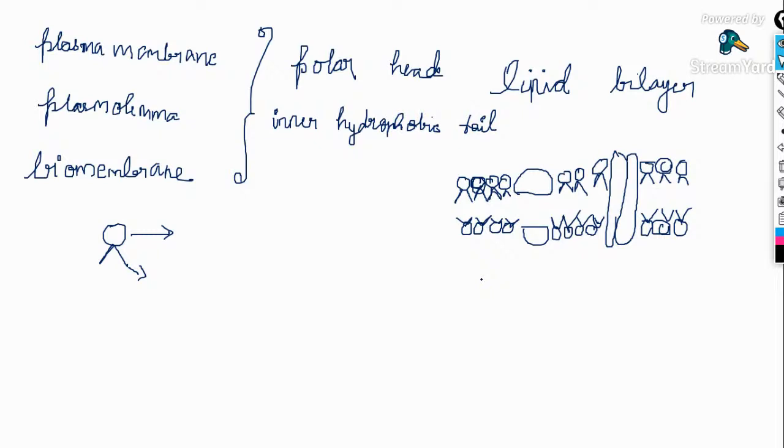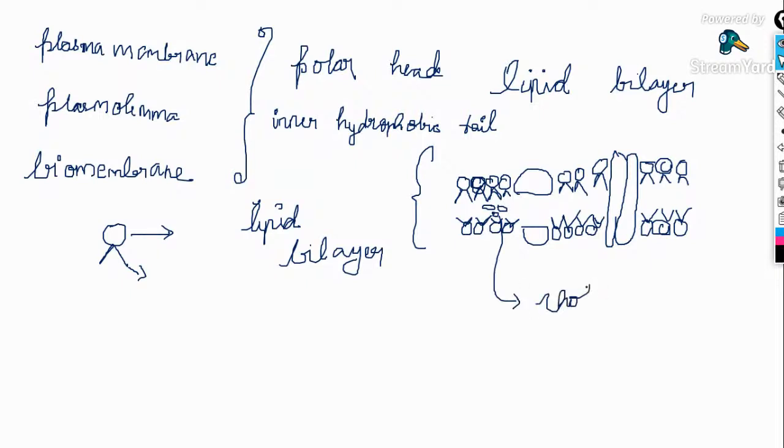This is all about the lipid bilayer: two layers of lipids. And you have here in between certain structures, and this is what is meant as cholesterol. Between the lipid bilayer, you have cholesterol. Then there are two types of proteins.